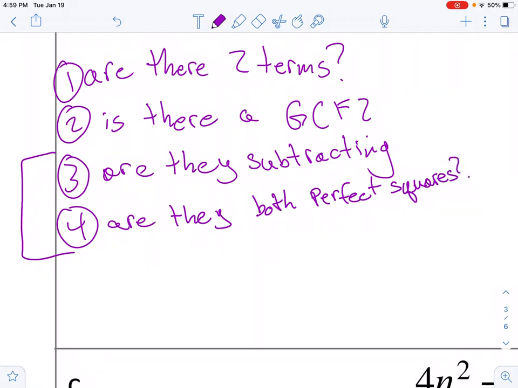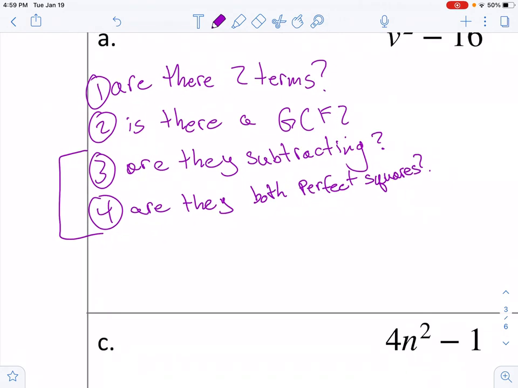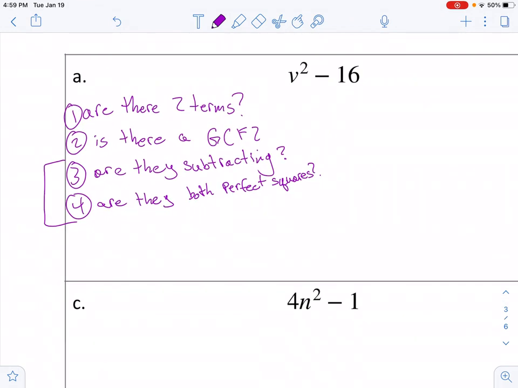Again, if so, we're looking good. And then if that's the case, then we break it down. Then we can follow the difference of squares. I'm so excited to do the math. I don't want to write rules. Okay.